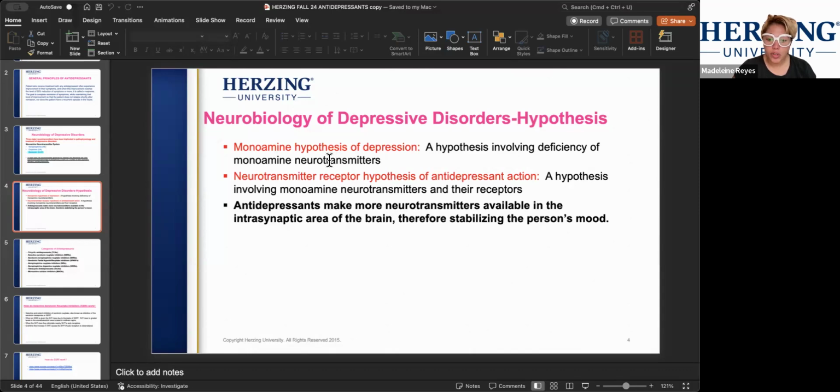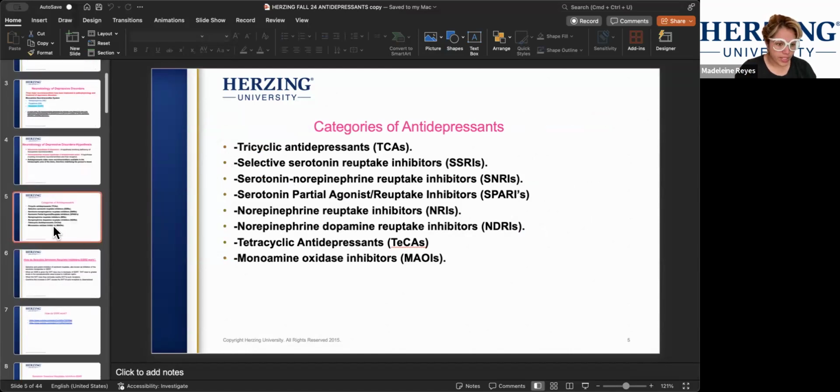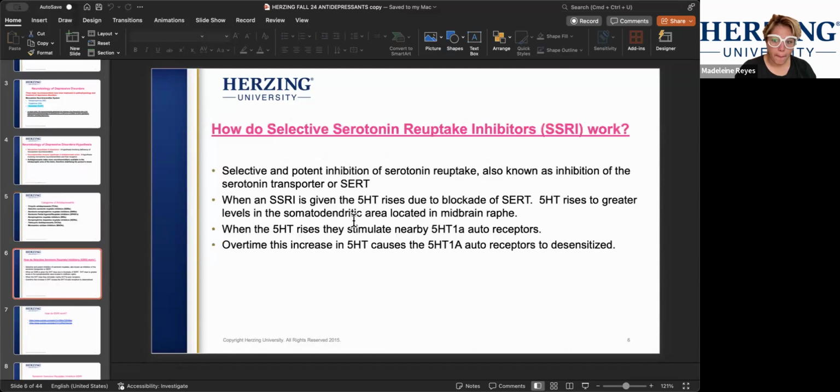Antidepressants make more neurotransmitters available in the intrasynaptic area of the brain, therefore stabilizing the person's mood. So, categories of antidepressants. These are all the different categories that providers can pick from, and we'll be discussing each of them in this PowerPoint presentation.